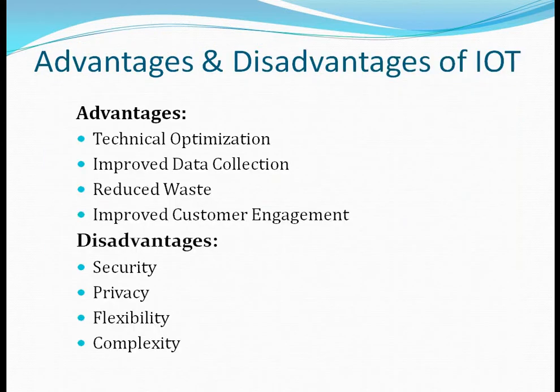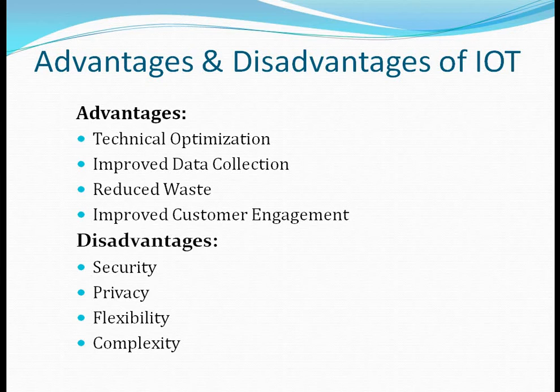Coming to the advantages and disadvantages of IoT. In advantages, first, technical optimization. IoT helps us a lot in improving technologies and marketing uses. For example, IoT manufacturers are able to collect data from various sensors, such as car sensors, humidity sensors, and temperature sensors.